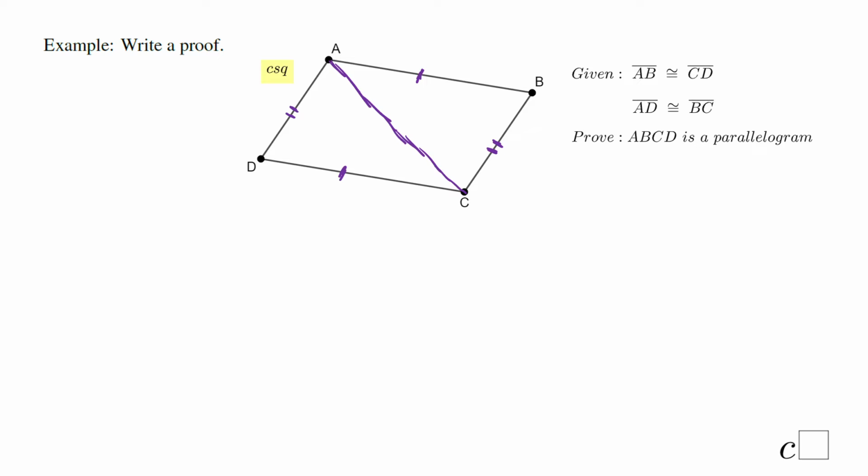And now you notice you have two triangles. We have the triangle ABC and triangle CDA. These two triangles are congruent by side. This is a common side, reflexive property. And then, obviously, these angles are going to be congruent.